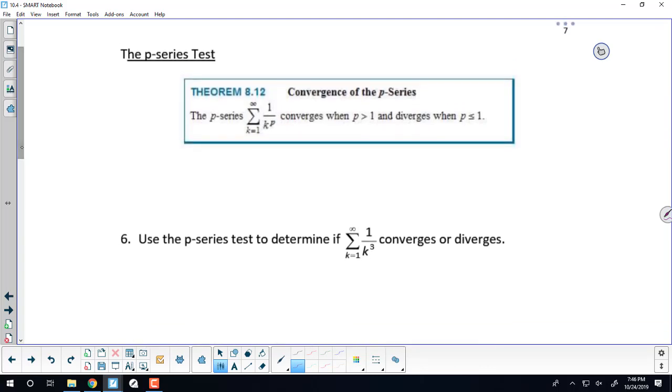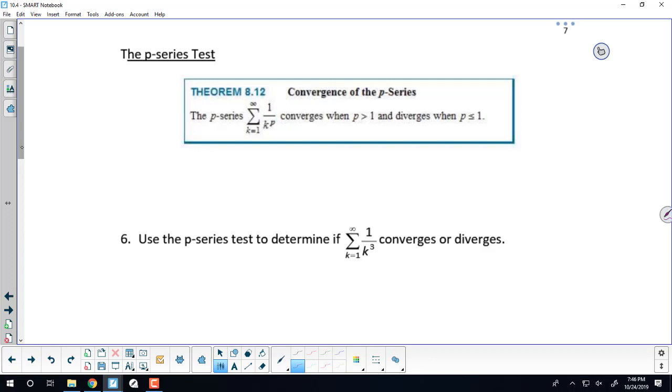All right. So the next series that we can quickly identify if it converges or not is the p-series. If you've got 1 over k to a power, and that power is larger than 1, then the series converges. Less than or equal to 1, it diverges.